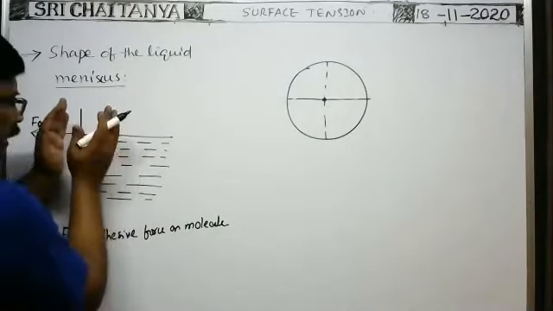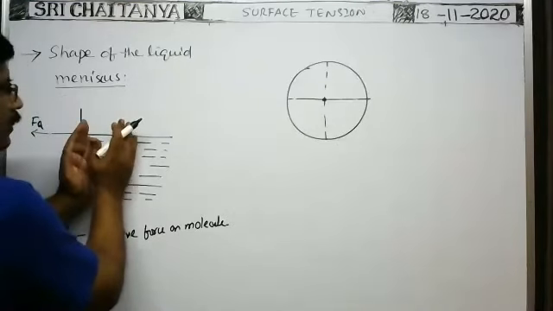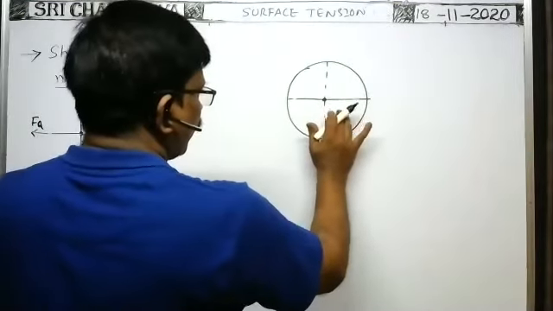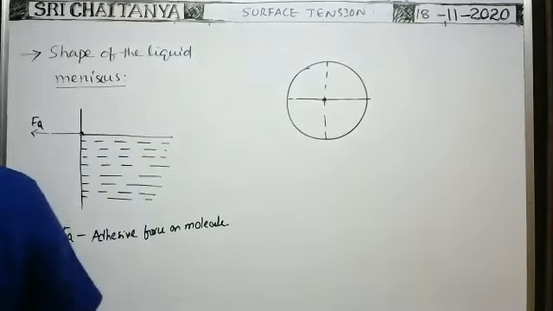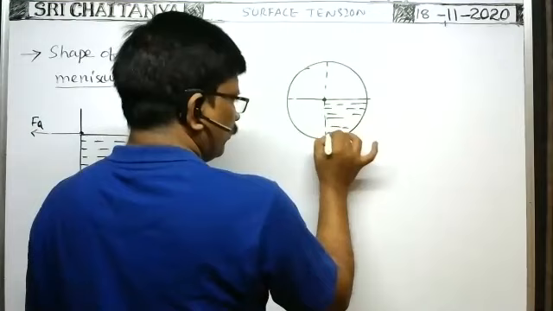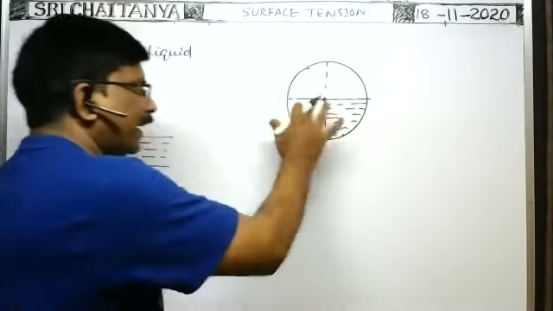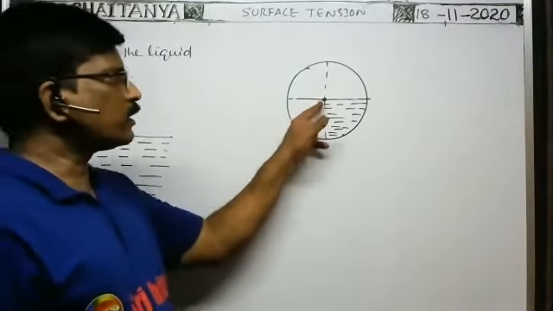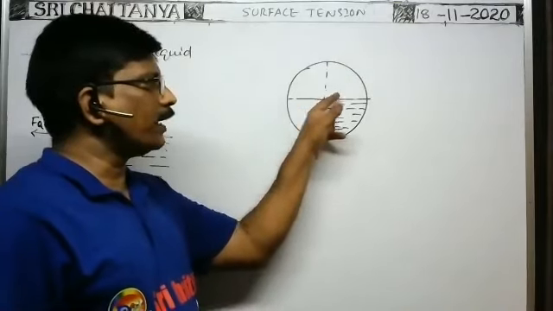As the liquid is present only in one quadrant of the sphere of influence, only this part has molecules. Then what is the net force acting on this molecule due to the molecules present in the sphere of influence?